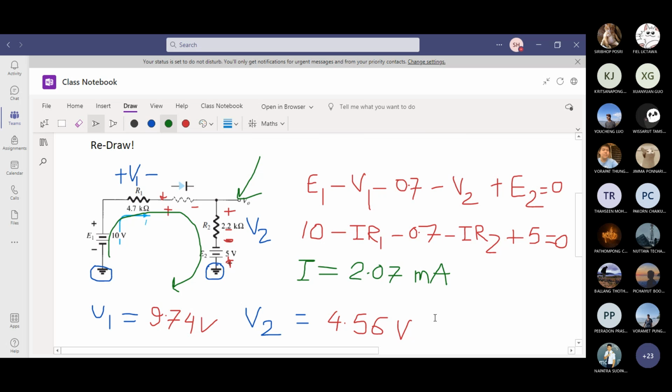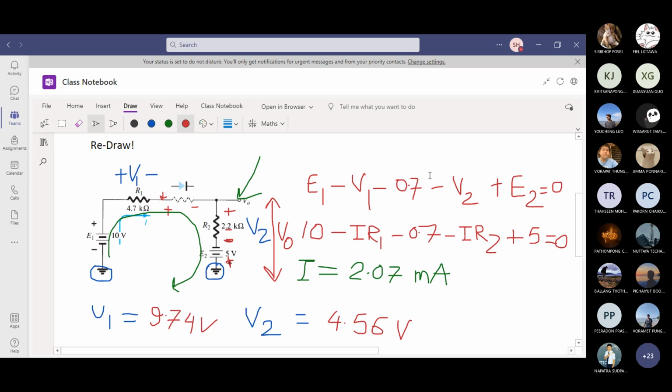You get 4.56 minus 5. So V out is actually measured from, let me draw an arrow, the top of the node to the bottom. You're going to get a negative voltage if you put with the probe. 4.56 minus 5, how much is it? It is negative 0.44 volts.